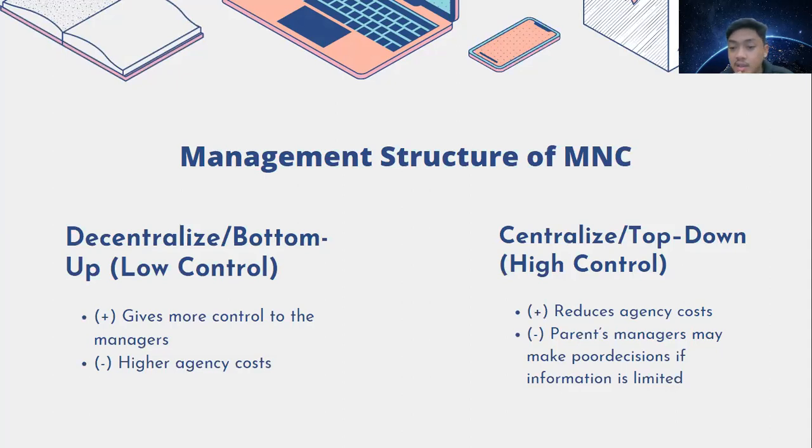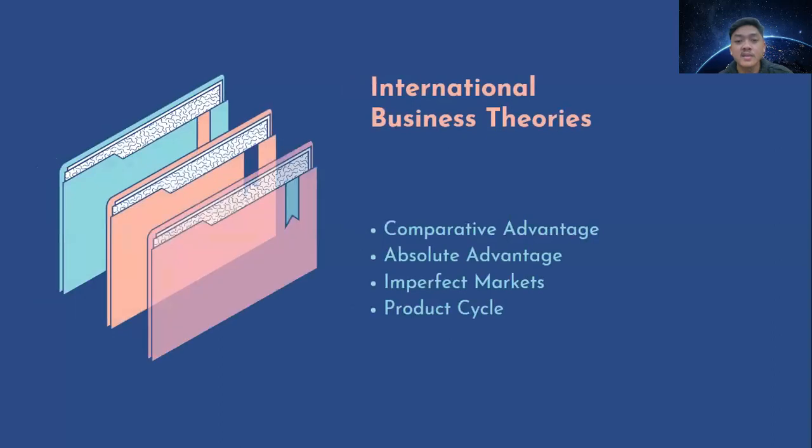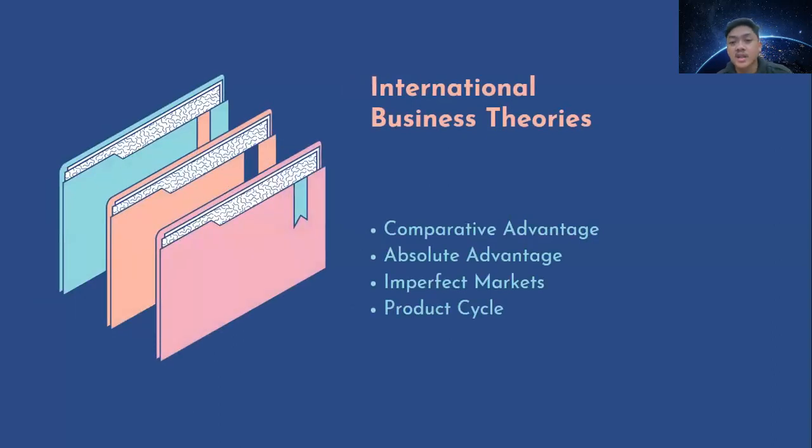The positive is reduce agency cost, and the negative is parents managers may make poor decision if information is limited. And for international business theory: comparative advantage, absolute advantage, imperfect markets, and product cycle.